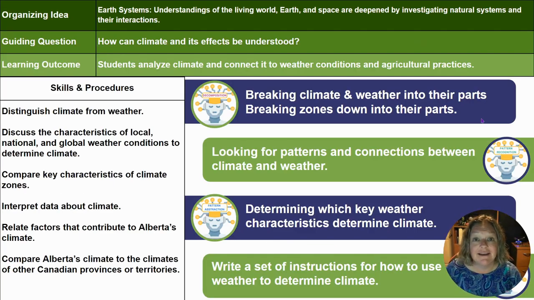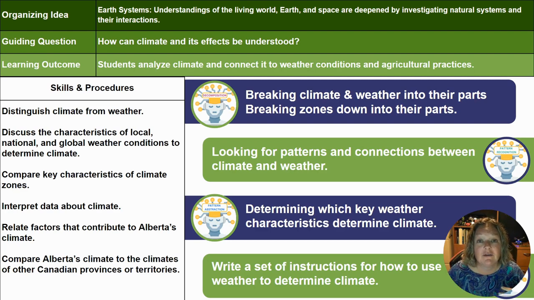So jumping into the specific skills and procedures that are in Earth Systems and looking at some ways to connect some of that computer science content into there, there are a number of skills and procedures here in this slide where we're really learning about climate and weather and distinguishing them from each other and determining what the characteristics of each is, talking specifically about climate here in Alberta, comparing our climate to other climates.